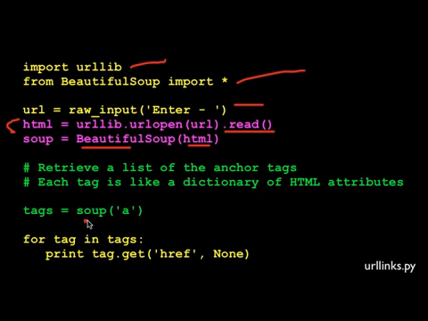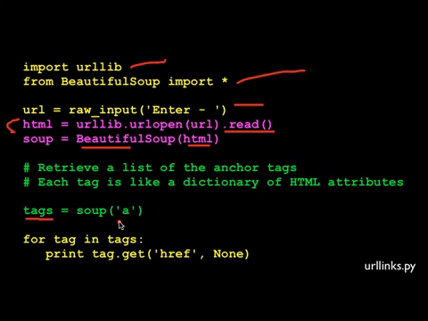And so I can go in and I can say, in this soup thing, now this is the syntax that Beautiful Soup basically says, you know what, I would like to retrieve a list of all the tags. I would like to retrieve from the soup, as it were, from the variable name soup, but we think of it as from the soup of all those tags that we just extracted using Beautiful Soup.